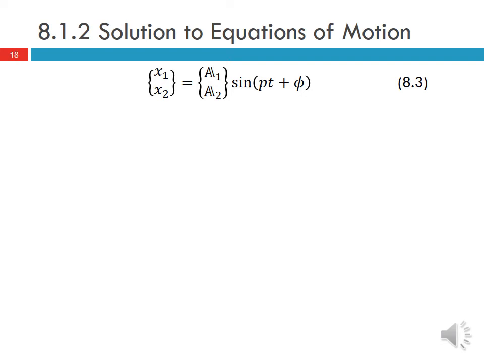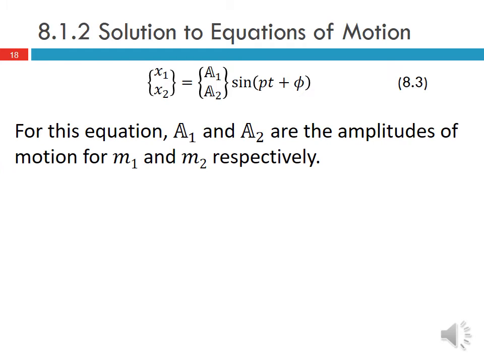So we assume that this is the form of the response, or the form of the solution. So for this equation, a1 and a2 are the amplitudes of motion for m1 and m2 respectively. So those are our masses. And x1 and x2 describe the positions of those masses, if you recall our coordinates.